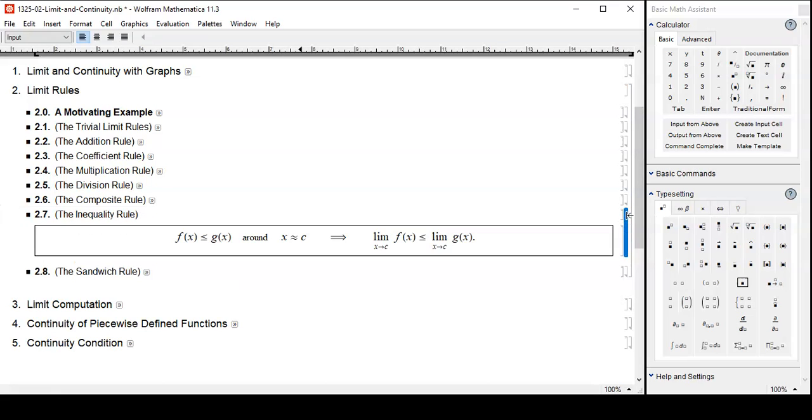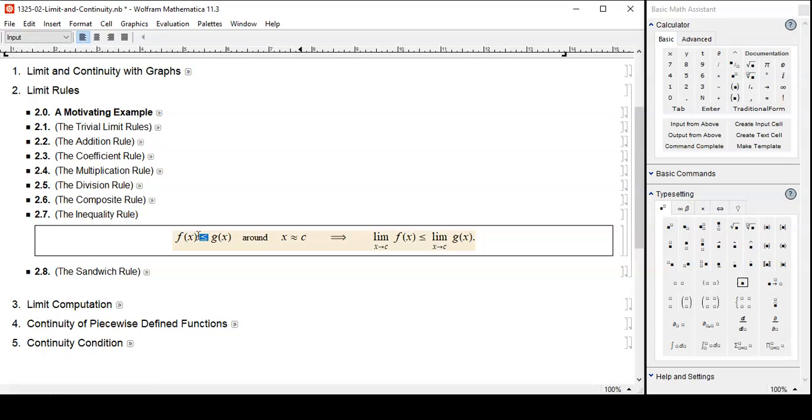For our purpose, it's not that important, but here we go anyway. If my function f is less than or equal to function g, then limit of f is less than or equal to limit of g. That's natural, isn't it? And of course, around x equal to c, because far away from c, who cares? Because x is getting closer and closer and closer to c.